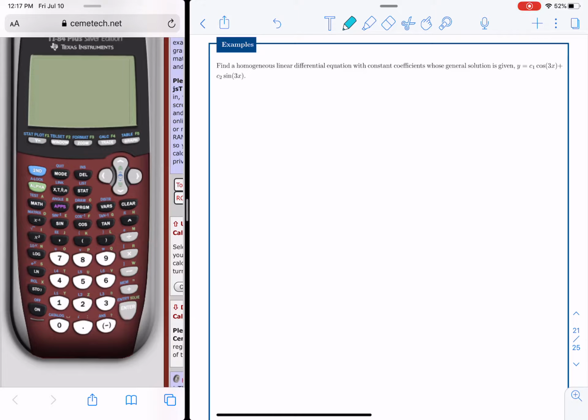A similar problem. Here we have y equals c1 cosine 3x plus c2 sine 3x. What can we infer? The roots are complex because we have cosine and sine terms.